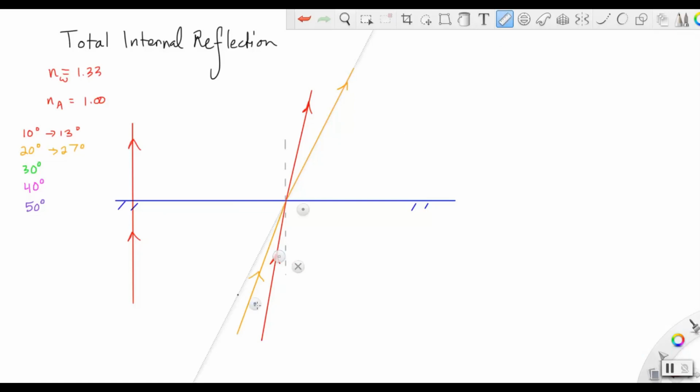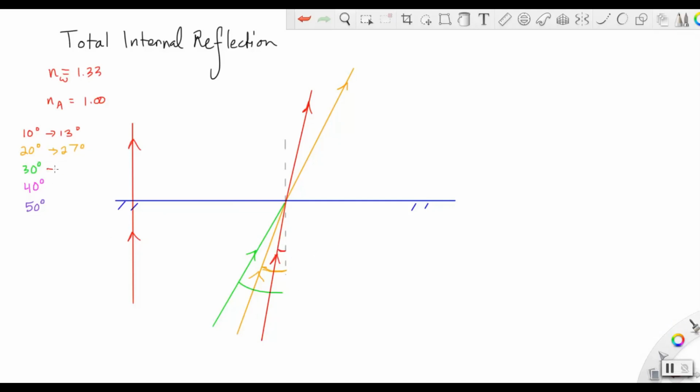Let's take that one to be at an angle over here coming in, an angle of, let's see, we'd want that to be 60 degrees because we want 30 degrees from the normal. So I'm going to draw this one here. And if it's helpful, when we draw that ray, we can also begin drawing our angles here so that it's a little clearer what we're doing. So there's the orange, and then there's the red.